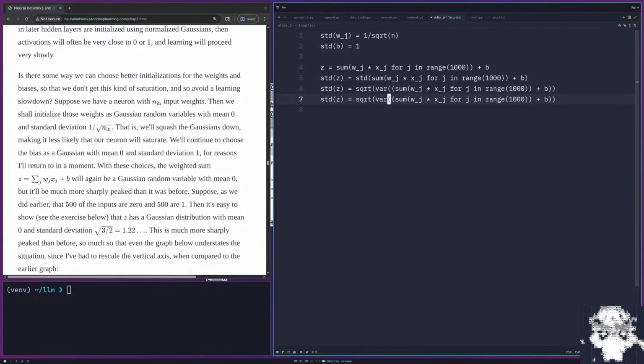Then the variance of a sum is the sum of the variances. So then we can say variance of the first term plus variance of b. Variance of b is still 1, because the standard deviation is still 1.